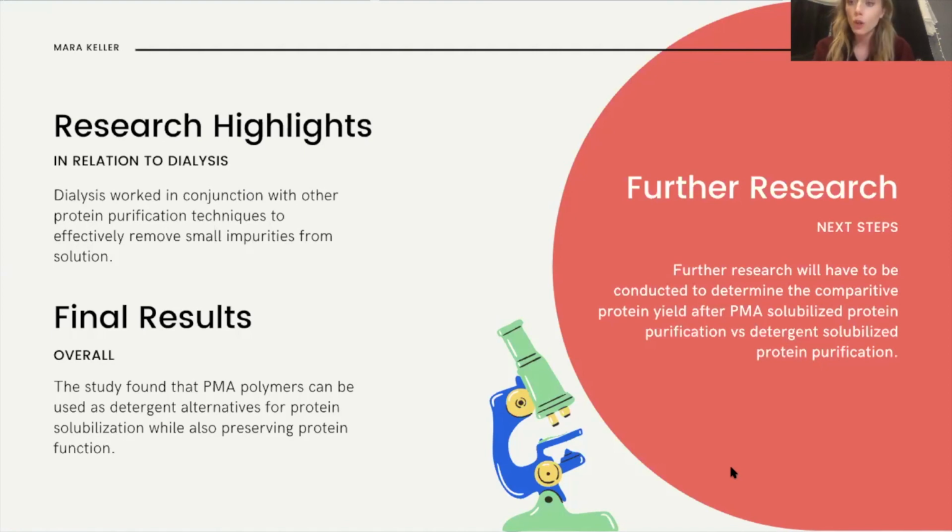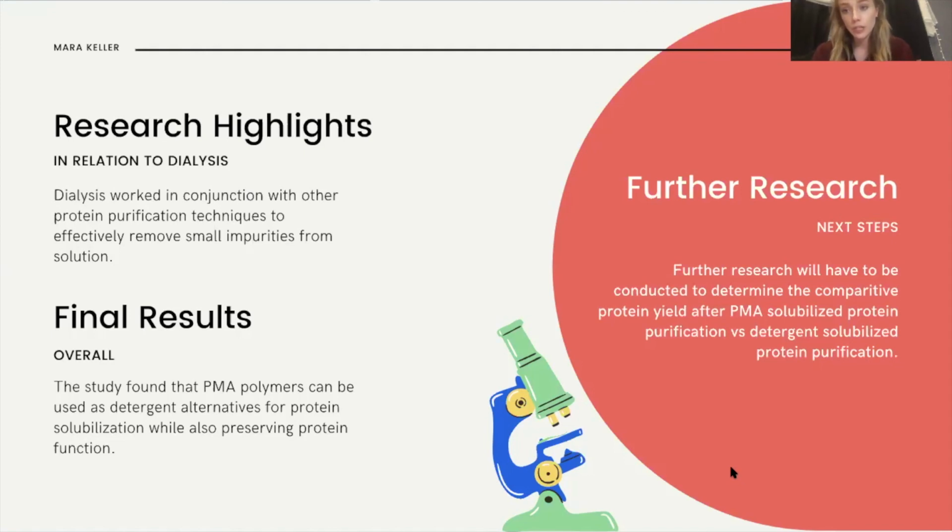So the final results of the overall paper, just to give you guys a wrap up on that, is they did find that PMA polymers were successful in not only solubilizing GPCRs from the lipid bilayer and solution, but also for preservation of protein function. They actually found that the proteins that were solubilized with PMA had significantly more activity than ones solubilized in detergent.